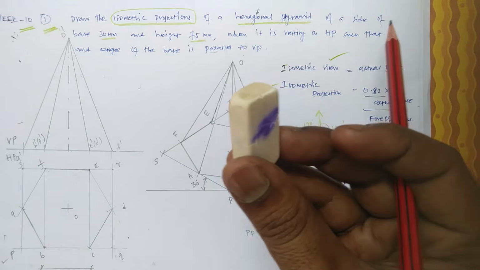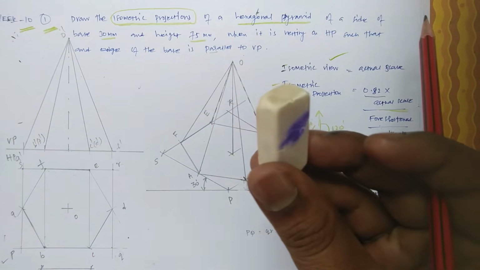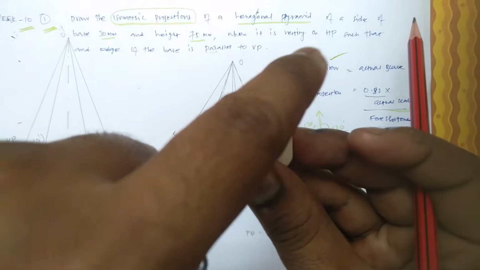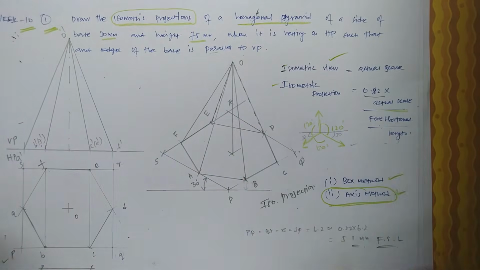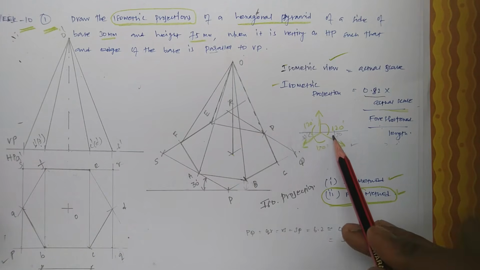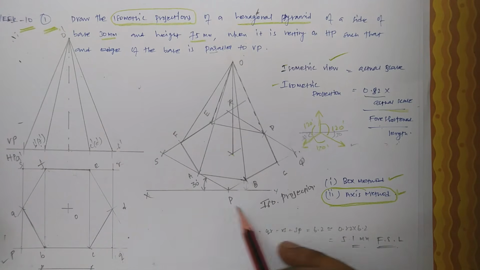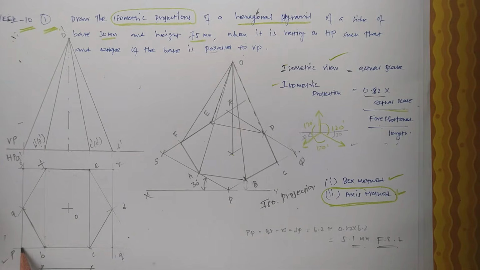The position is nothing but the isometric axis. The isometric axis is nothing but 120 degrees to all. See, x, y, z, it's all 120 degrees. So when you are keeping it in a flat terrain, this side and this side, 30 degrees is remaining with reference to xy. Hence I fixed one point in xy, that is P, this point.